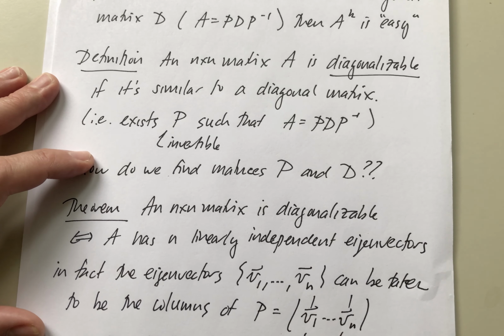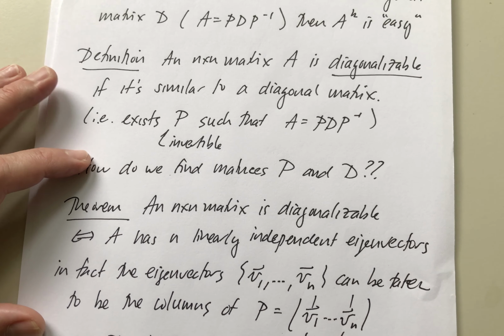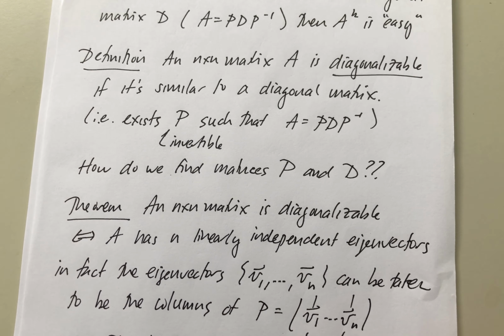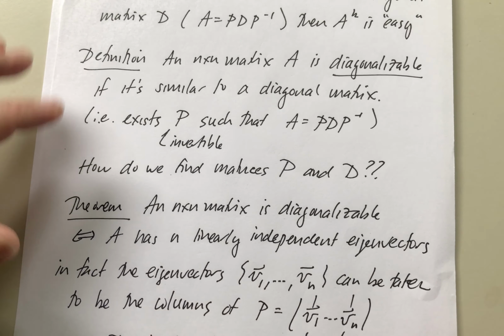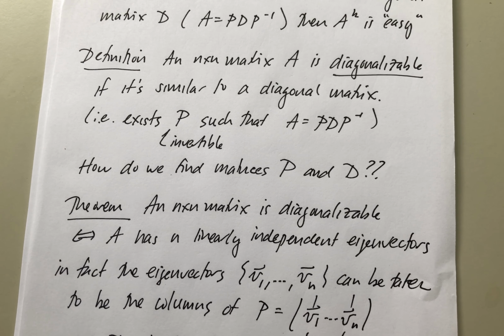A diagonal matrix is determined by the entries on the diagonal, so we need n numbers to put on the diagonal, and we have those coming from the given eigenvectors, where lambda i is the eigenvalue of vi. That's our main theorem. This is something we'll talk about for a couple of lectures now.